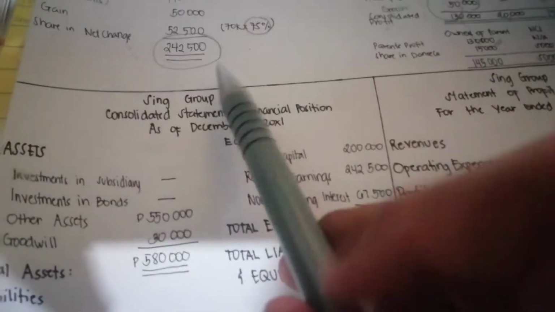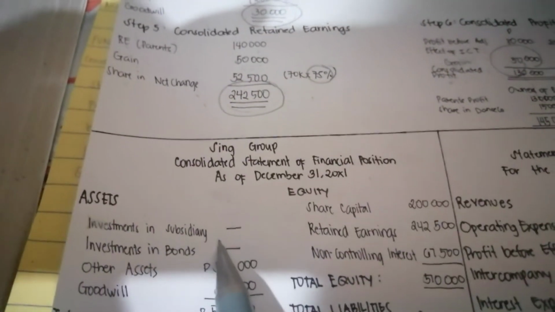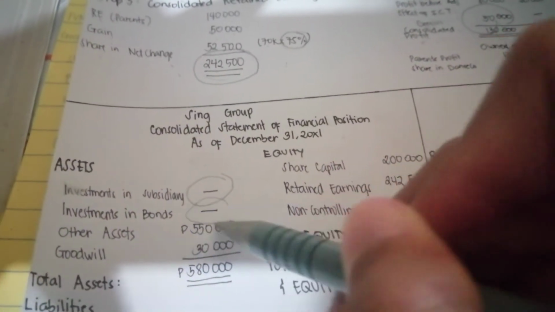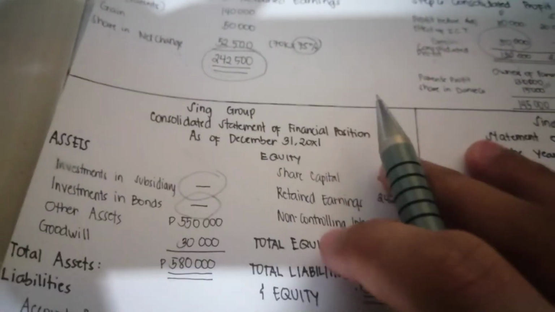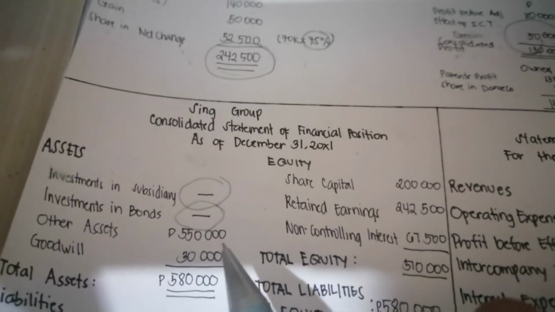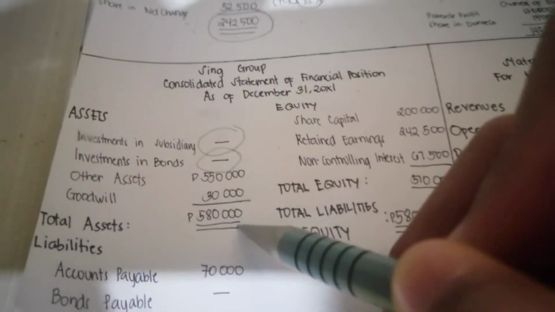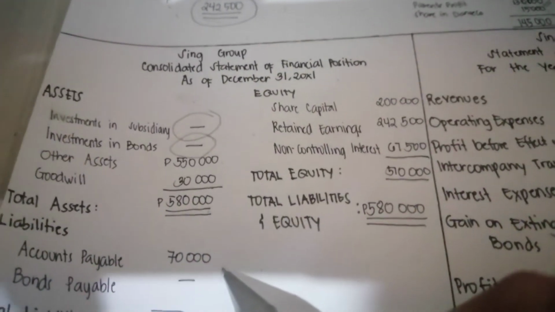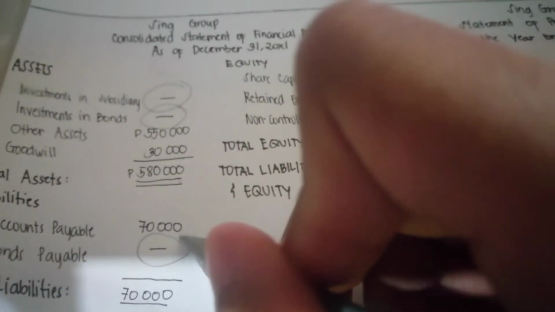Consolidated financial position as of December 31, 20X1. Asset: investment in subsidiary is eliminated. Investment in bond is eliminated because it was acquired in full. Other asset of 550,000 and goodwill of 30,000 computed in step number 3. A total asset of 580,000. Liabilities, account payable of 70,000. Bond payable was eliminated because it was acquired in full.